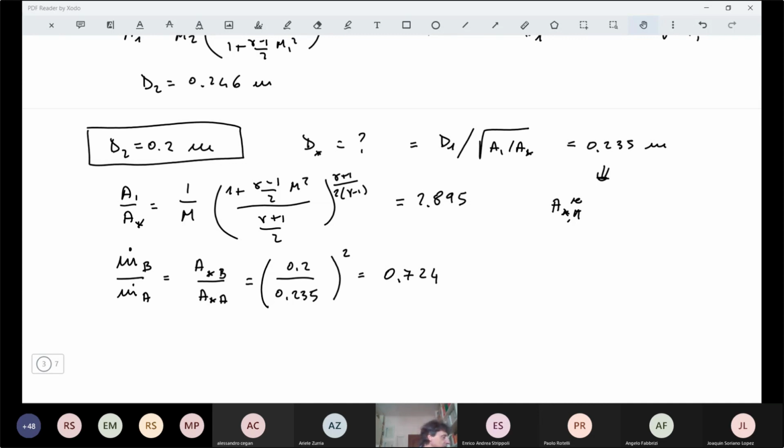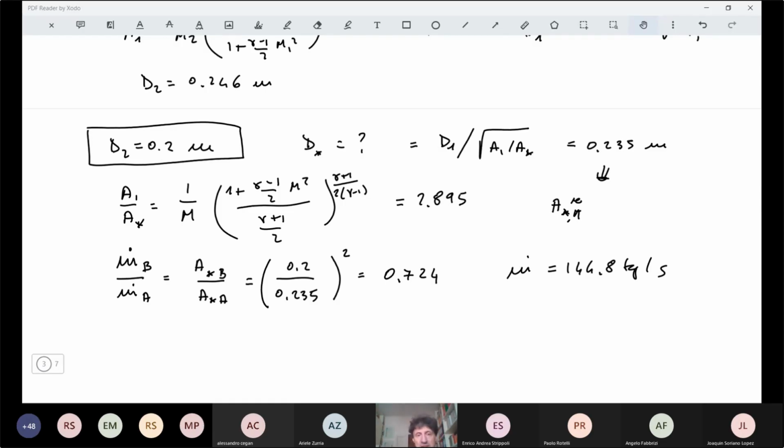And this will be, if my calculations are correct, yes, 28% less, and it will be this quantity rather than the given 200 kilograms per second.